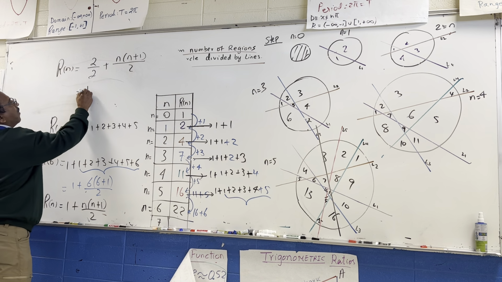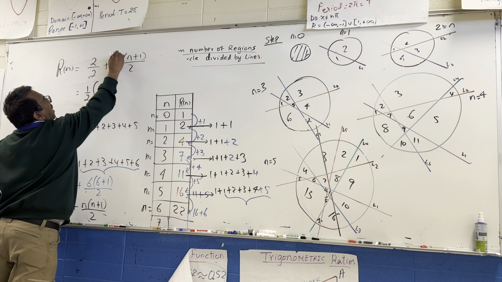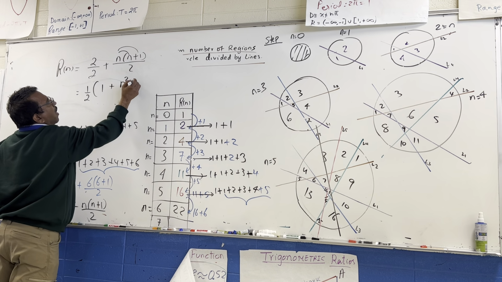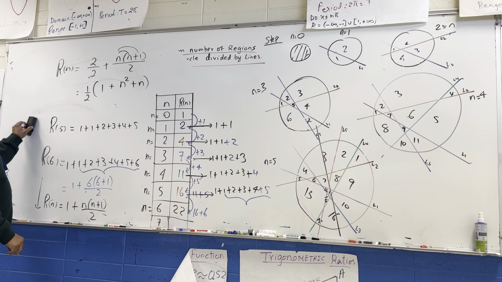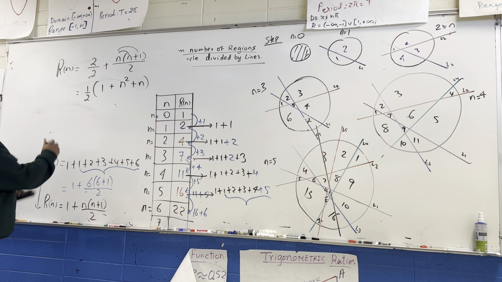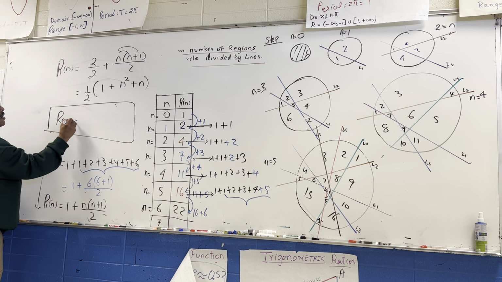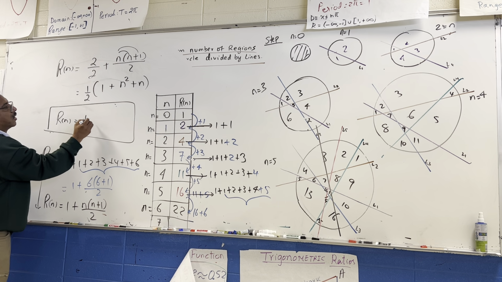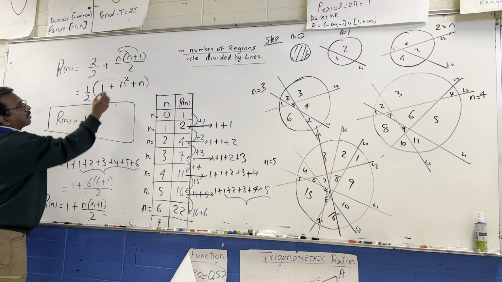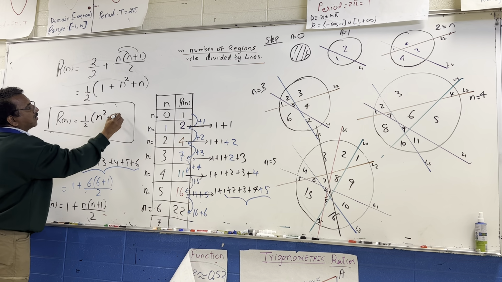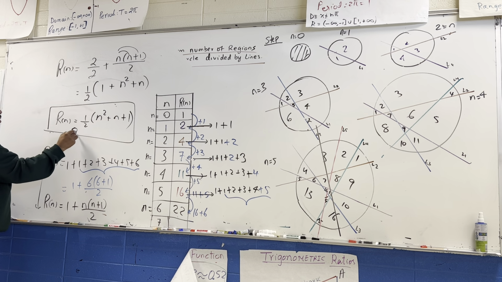I can take half outside and write this as 1 plus, at the same time using the distributive property, n squared plus n. And there you go. So finally you got a nice explicit formula: Rn equals half times n squared plus n plus 1. See, and you're done. So this is a quadratic function.